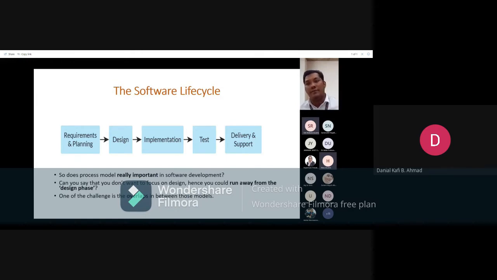When you apply evolutionary models, you can apply the prototype model. When you apply the prototype model, you can apply rapid application development. And rapid application development is where the Agile Manifesto was born, around 1990, if I'm not mistaken. So the agile methodologies consist of a few models, which are XP, Kanban, and so on.